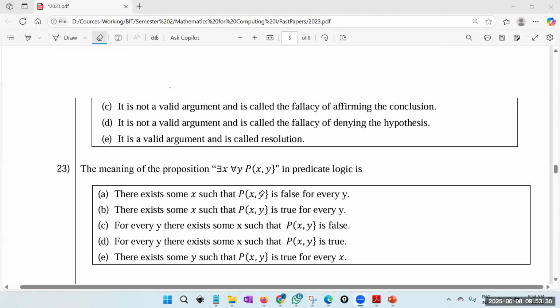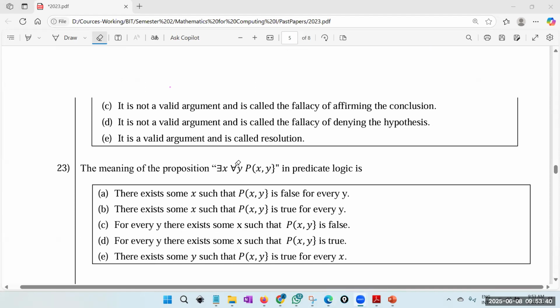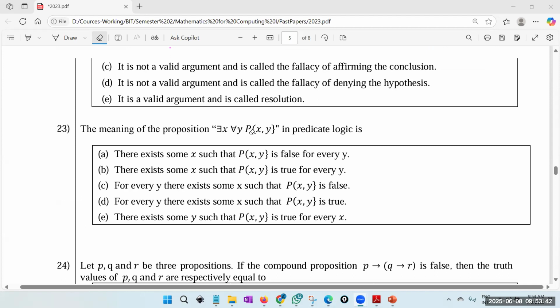At 23, the meaning of the proposition exists x for all y P(x,y) in predicate logic is... So that means for some x, for that x, for all y, this is true. So that means there must be at least one x value, but for that x value, for all y values, this is correct. This is true. Okay. Right now, let's try to read it.